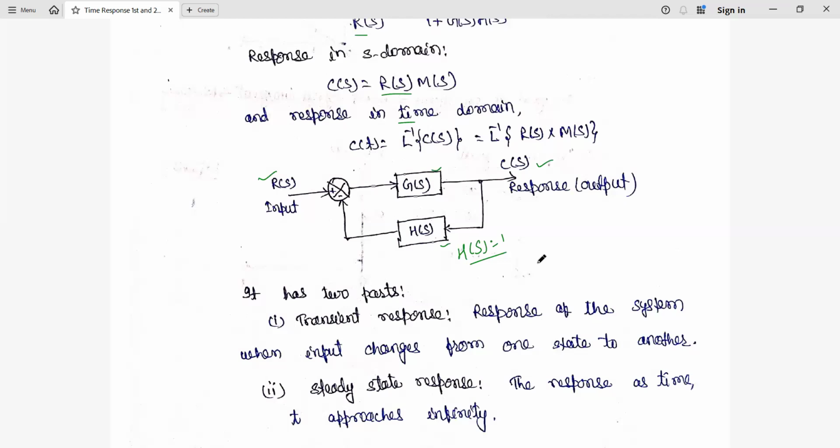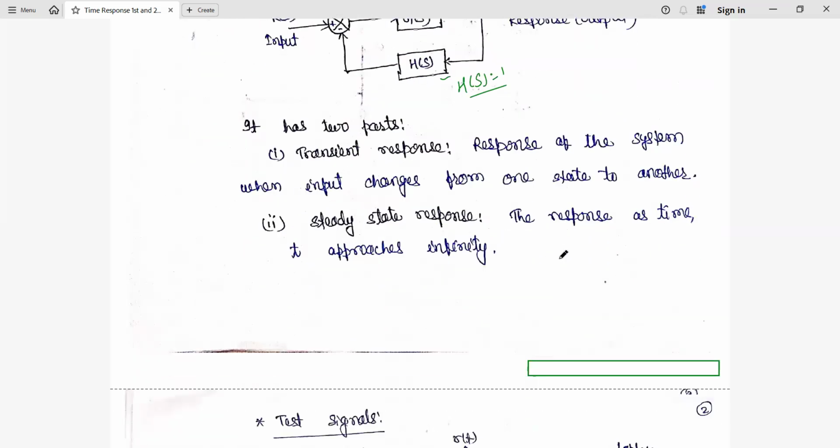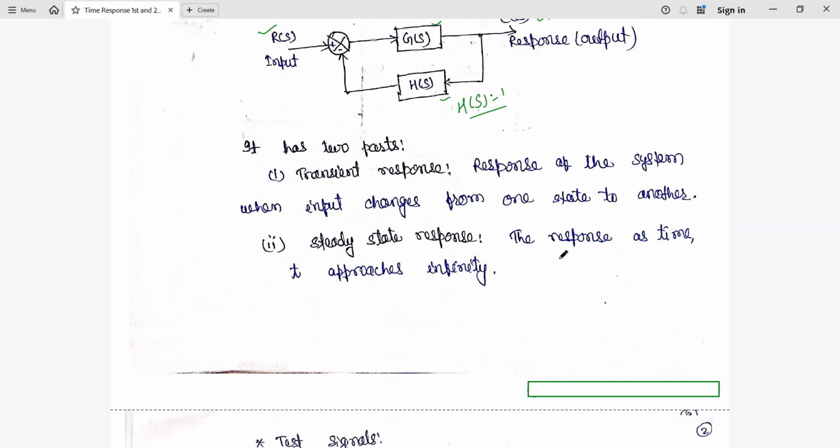When we are trying to obtain the time response, it has two different parts. One is called the transient response. What is the transient response? It is the response of the system when, due to the input, the state changes from one state to another state.